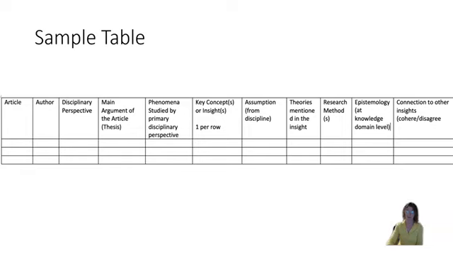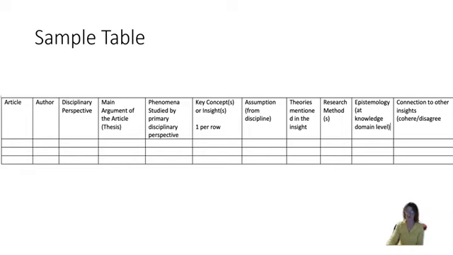So we'll take each key insight from each article and we'll ask ourselves the question, what is the main argument? So what is the key idea in this article? What phenomena is typically studied by that discipline from the particular perspective that this article comes from? Then, what are the assumptions that that particular discipline has about the world? Are there some key theories that come from that discipline mentioned in the article?